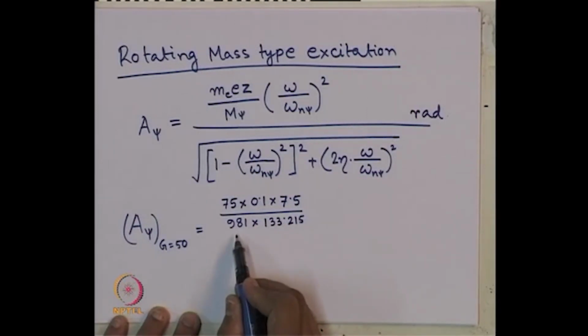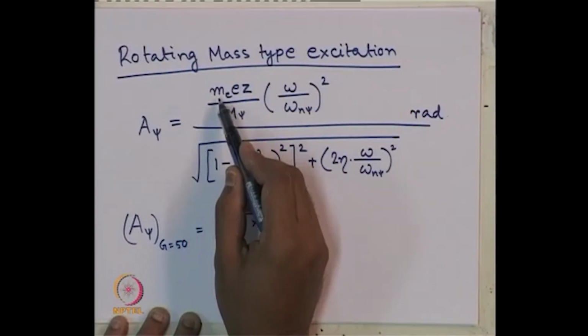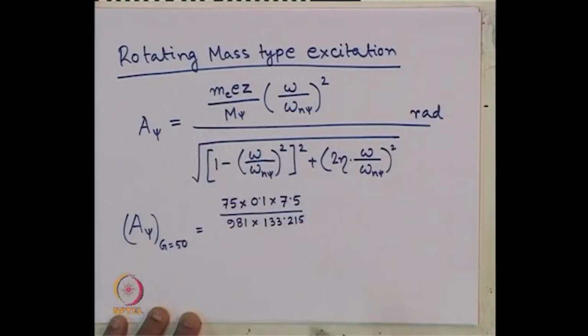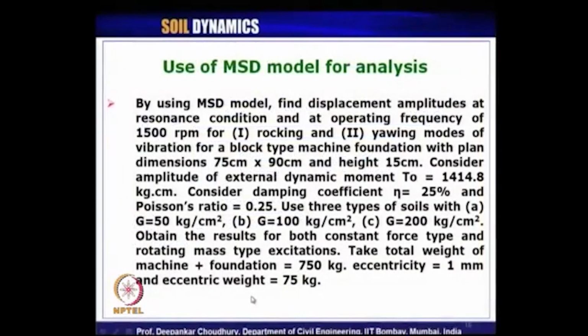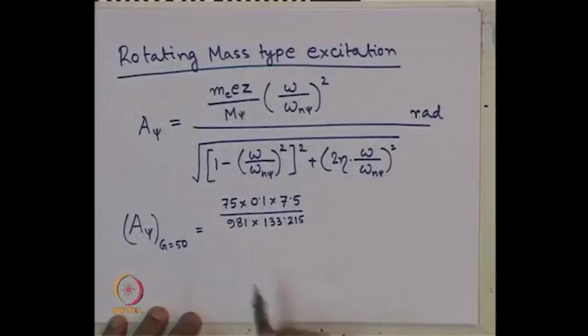Where has this 981 come from? The eccentric weight is given to us. If you go back and look at the problem statement, look at the slide, here the eccentric weight is 75 kg. As I have said, weight means kg force. So, to find the eccentric mass, we need to divide it by g. That is why we have divided it by 981 here.